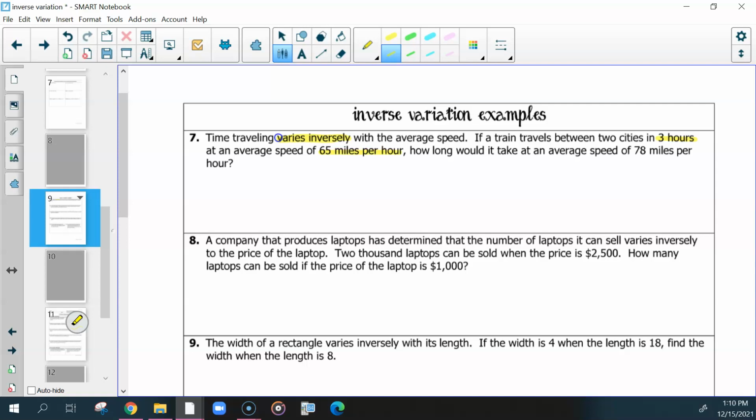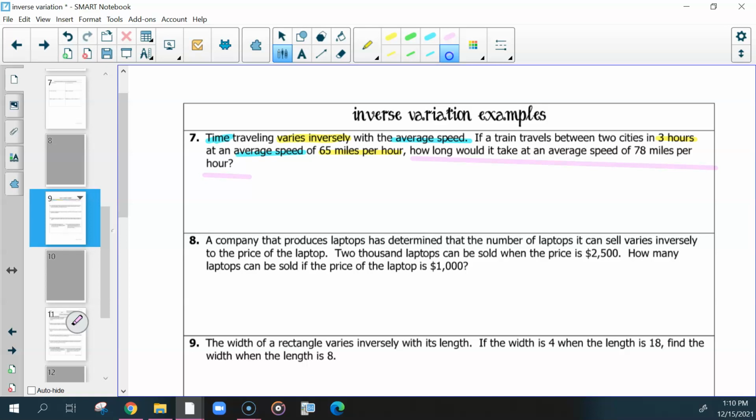We know those are important because they say time traveling, so it has to be an amount of time. And then they said average speed, so I should honestly highlight those two. So the 65 miles per hour would be an average speed, and they say that's what it is. Then we're looking for how long would it take. So they give us an average speed, and we have to find the amount of time it would take.